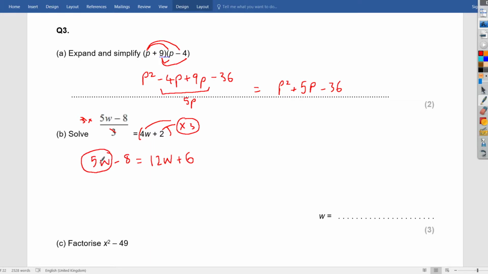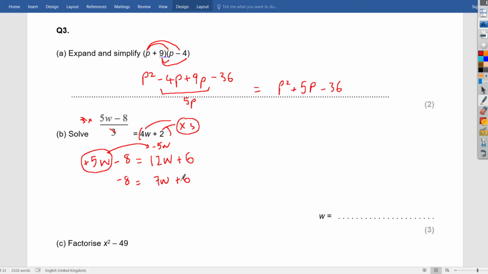More importantly, is it positive 5w or negative? It's a positive 5w. The opposite of positive 5w when I take it to the other side becomes minus 5w. I'm going to get minus 8 equals 12w minus 5w. 12w minus 5w is going to give me 7w. Still got the plus 6 on here.